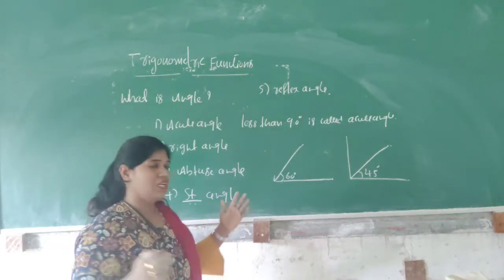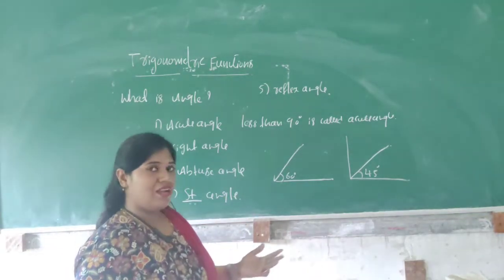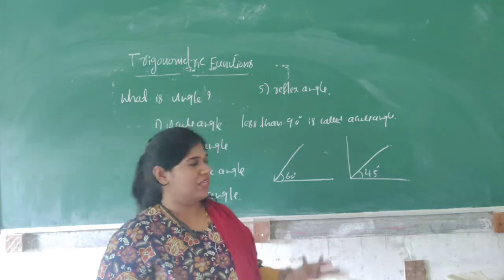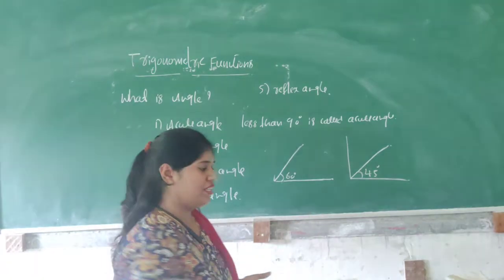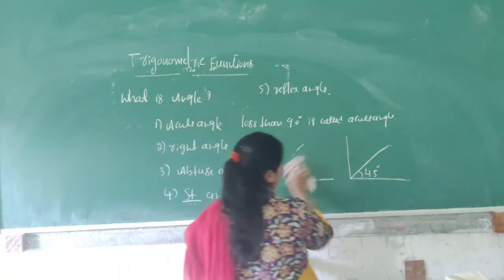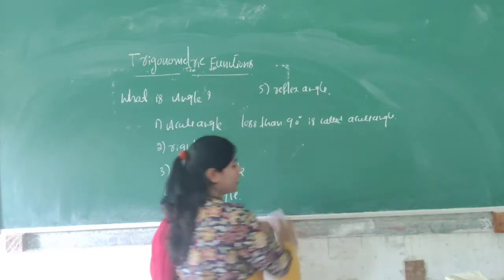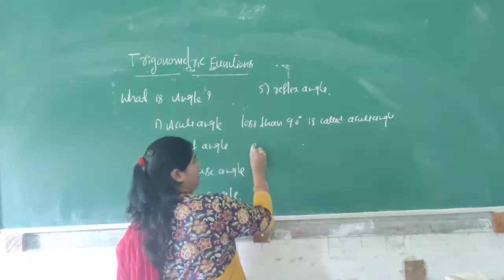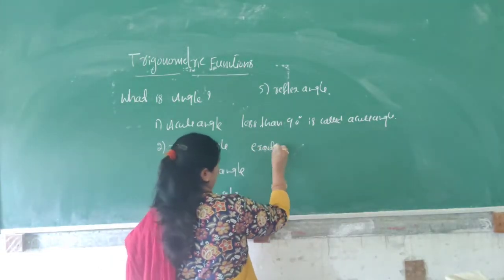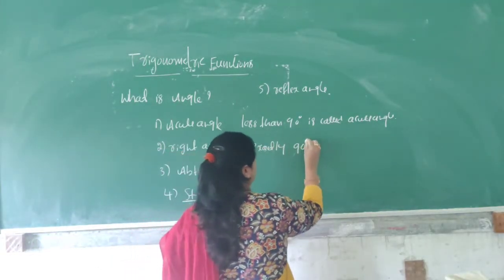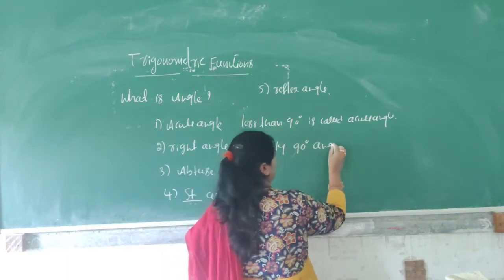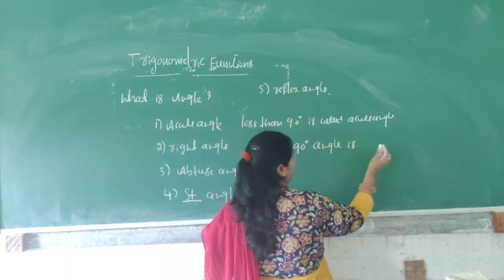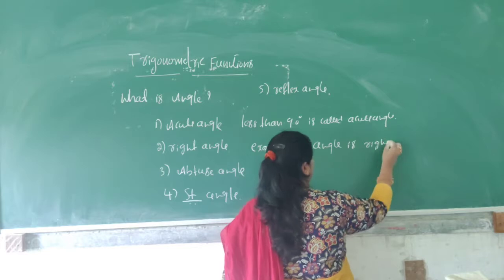So what about right angle? An angle which measures exactly 90 degree is called a right angle.